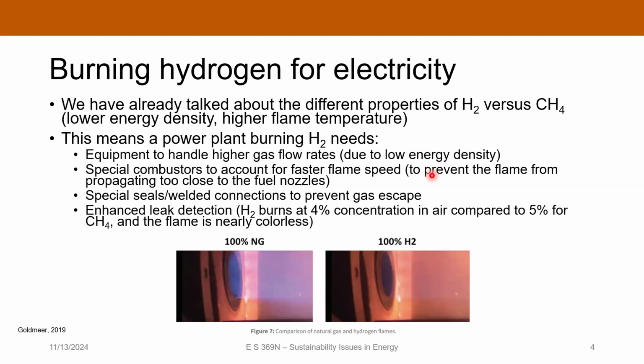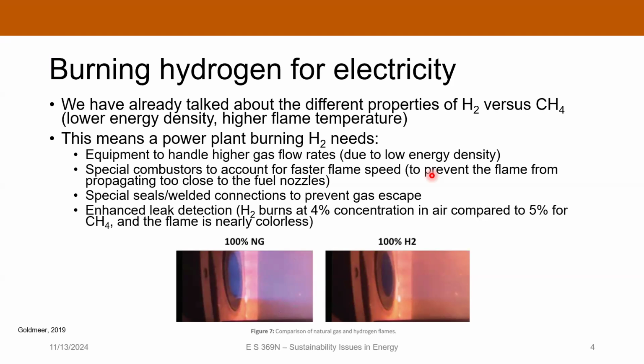Sometimes when I'm at home cooking on our gas cooktop, I think about what if that flame went down into the pipe and started burning all the gas that's in the pipe? That would be a problem. The reason that doesn't happen is because the nozzles on the combustors on anything that burns natural gas are designed such that the gas comes out at the same rate as the flame speed or faster.